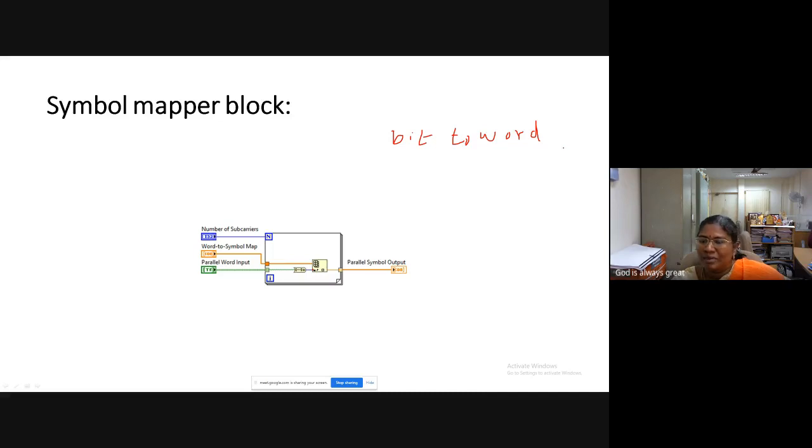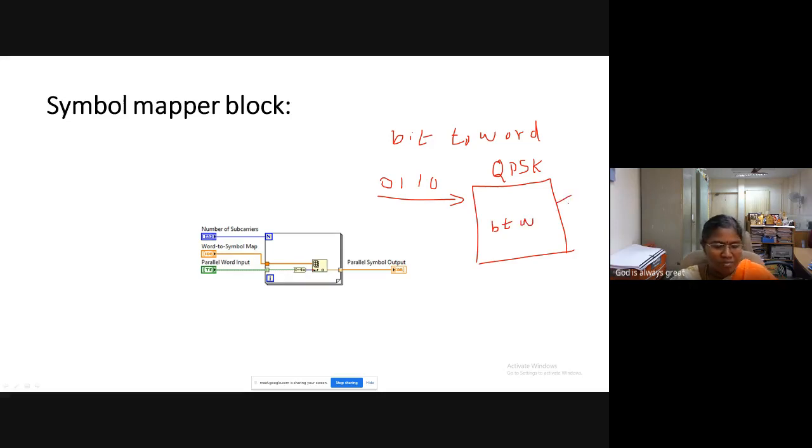That's your bit to word converter's work. If your bits are taken in serially like this, and you are going to do QPSK modulation, then the bit to word converter, B to W, should give 2 bits as output, like this.